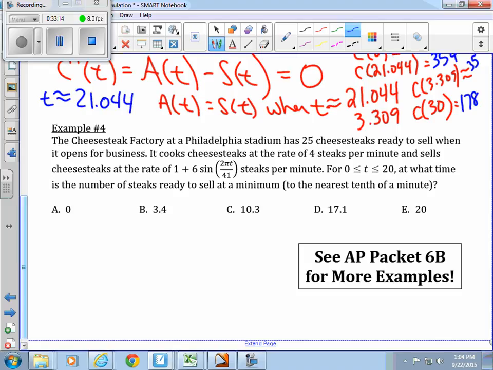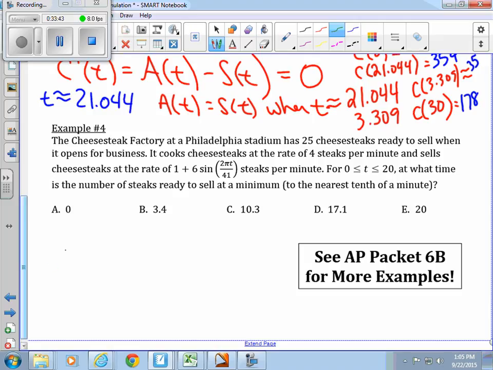No, hold on. The chain rule. The rate, right? The rate is the derivative, right? These are the rates. This is the derivative, right? Okay, this is the derivative. So, we are cooking at 4 steaks per minute and selling at 1 plus 6 sine of t steaks per minute.